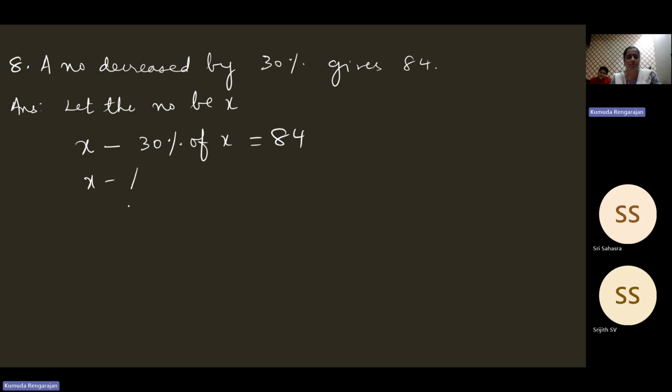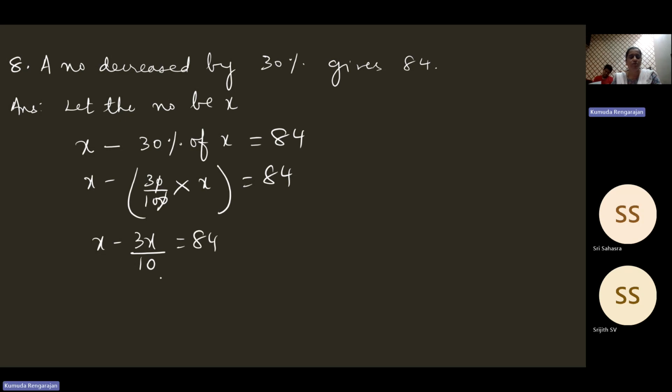So x minus 30 by 100, 30% means 30 by 100 of multiplication x, is equal to 84. So x minus 3x by 10 is equal to 84. Common denominator.